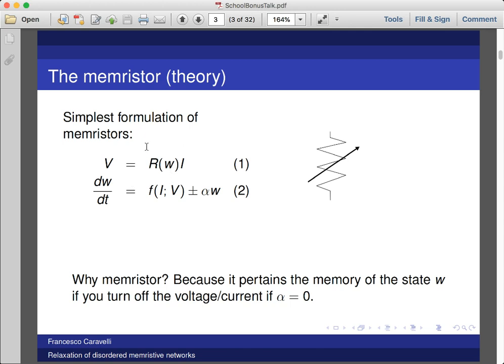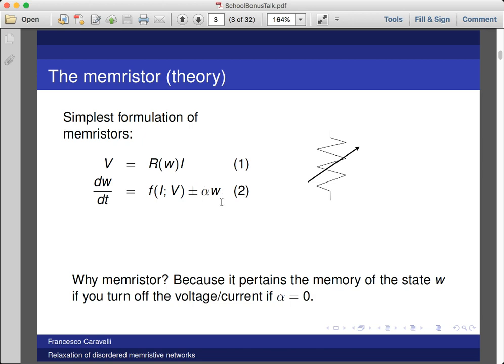Then you're going to have an equation of how the resistance depends on internal parameters. In general, you can have this internal parameter that we're going to call memory. It's going to depend either on current or on voltage as a function of time. But in principle, you can also have a decay factor like in equation 2, plus or minus alpha.